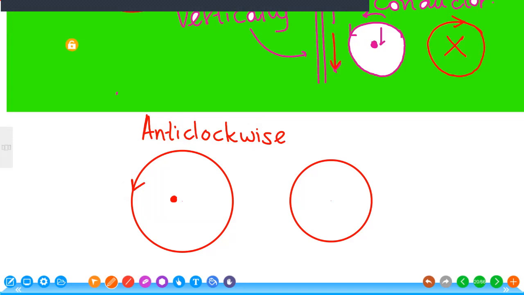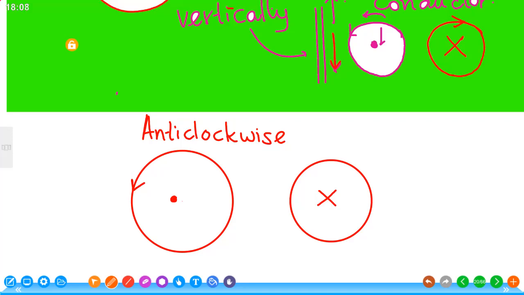But in the other situation, where I have put a cross, the meaning is current is going into the plane of the paper or the screen. Now, if you arrange the right hand in that way, the thumb must be pointed downwards to show the direction of current.